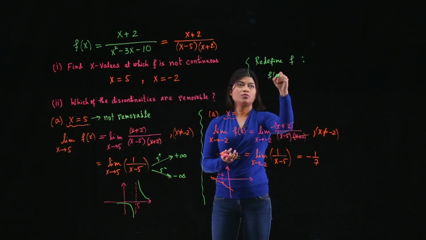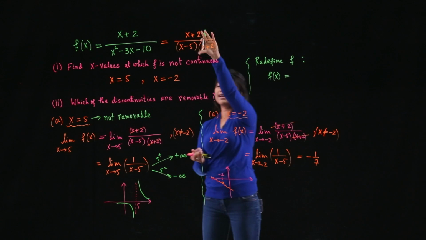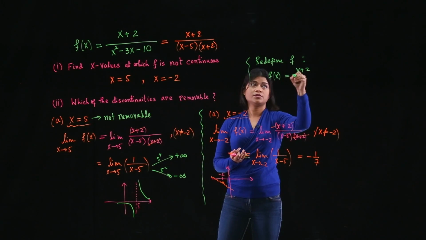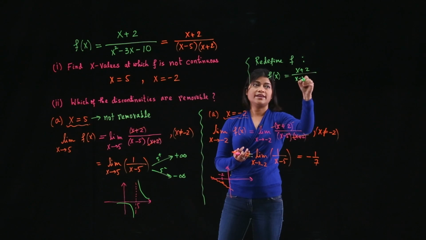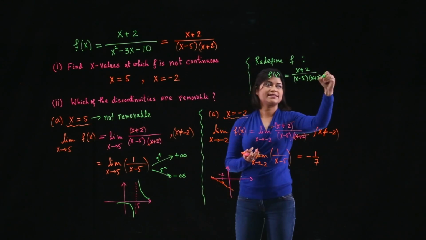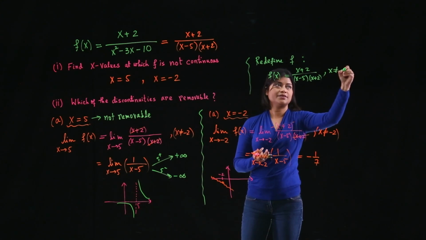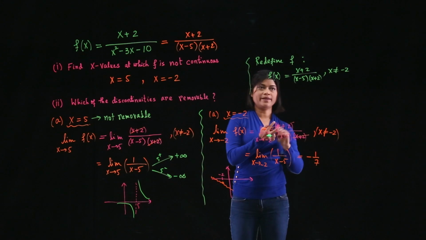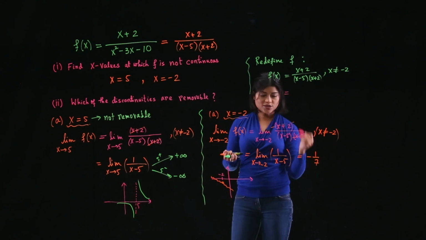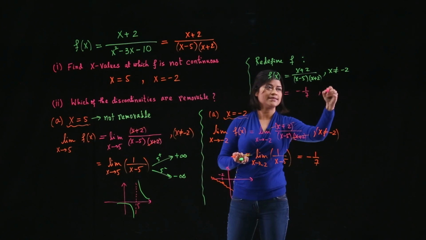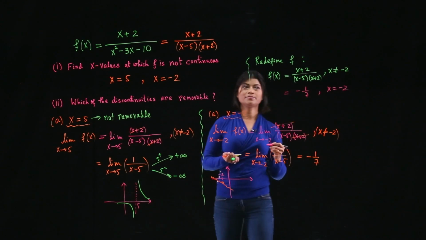We keep this function exactly similar, x plus 2 divided by x minus 5 times x plus 2, everywhere except at negative 2. Now what happens at negative 2? We make the function value equal to the limit, negative 1/7, at x equal to negative 2.